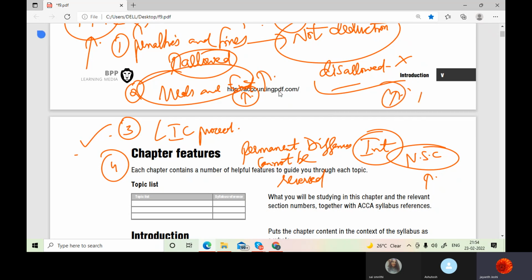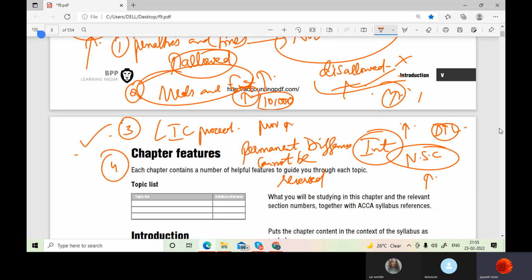See here, if I showed some income of 10,000 here, and here I did not show it, then here my tax provision or income tax expense is more, here it is less. So DTL is created, but in future I'll be showing that income here, so I'll be paying more taxes here, and then the DTL will get reversed. But when you show something in this and never show it in this at all, there is no chance of reversal of any deferred tax asset or liability, correct? So permanent differences cannot be reversed.